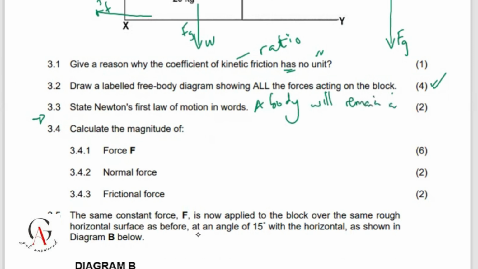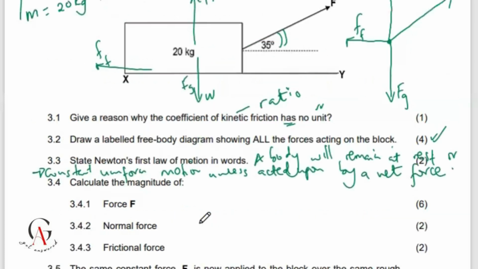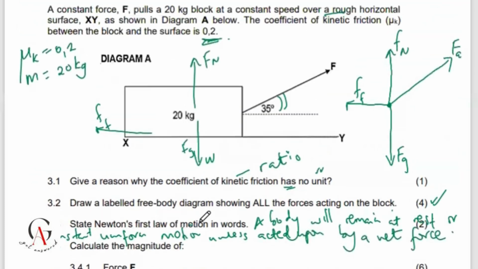A body will remain at rest or in constant uniform motion unless acted upon by a net force. If you don't want to use the word net, you can use resultant: unless acted upon by a resultant force.